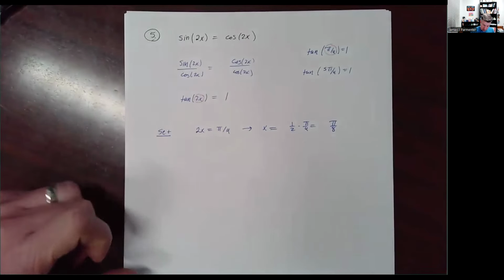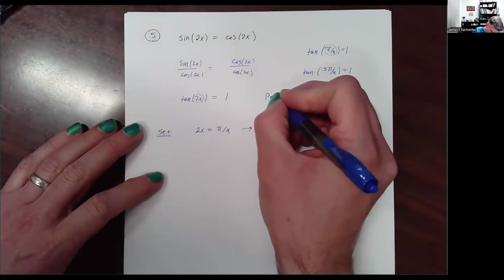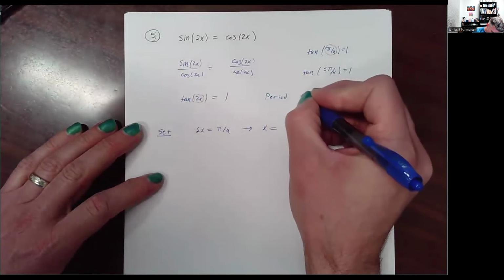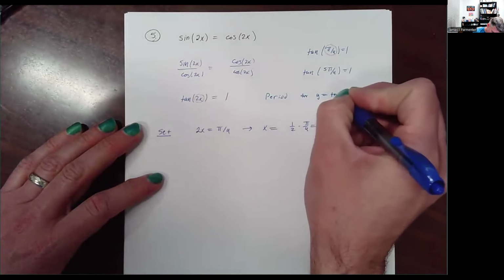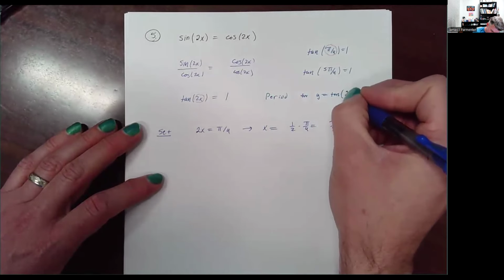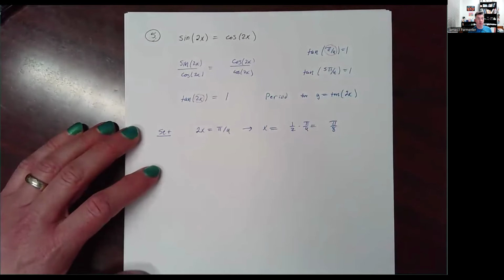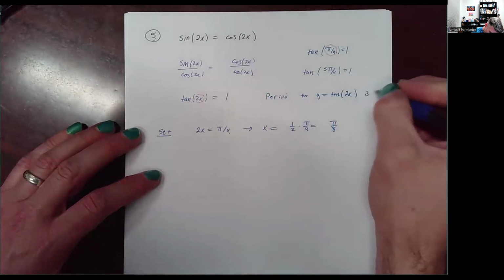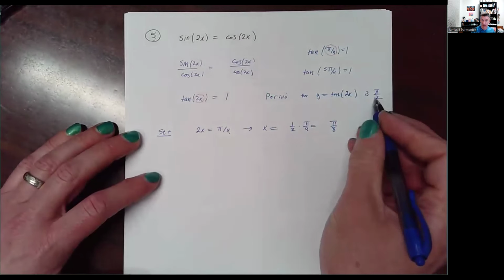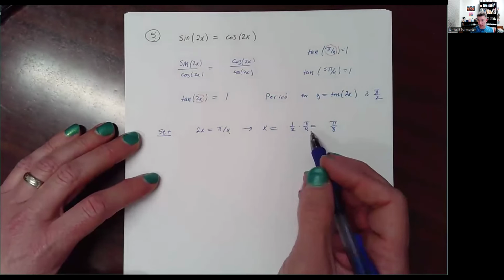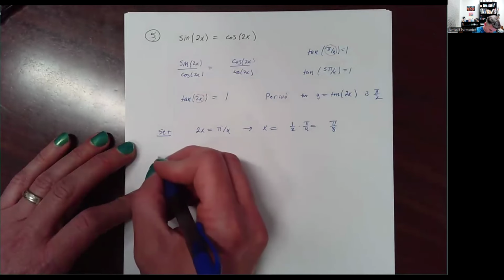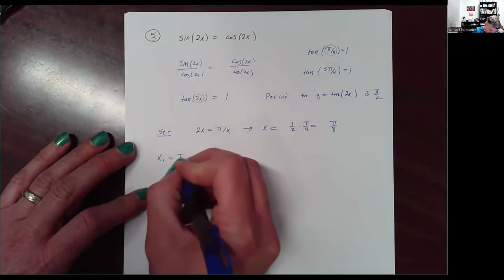We take our period for tangent of 2x, which is pi divided by 2, right? Not 2 pi divided by 2, pi divided by 2. So take that period and add it on to pi over 8 until you get too big. So my x1 is pi over 8.